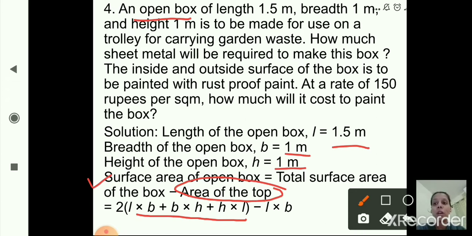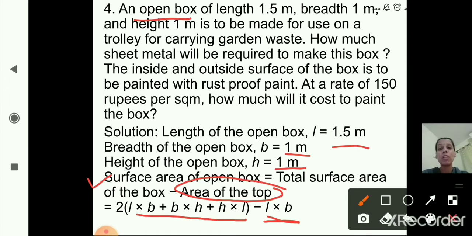Because we have to find out surface area of open box. Okay, it is given in the question, an open box. So what we will do, we'll find out total surface area of the box minus area of the top, that is L into B. Area of the top is what? L into B, length into breadth. Okay, so now we will put the values and we'll find out surface area of open box.